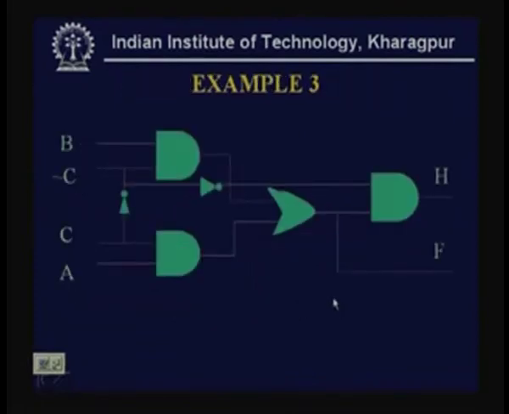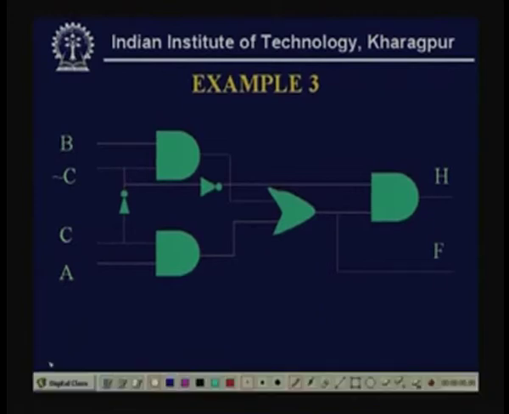Now, we take another example. See here, the previous example is already included. This is BC bar, where this is actually C complement. The bottom AND gate is computing AC, so we have BC bar plus AC, and here C is inverted as C bar.